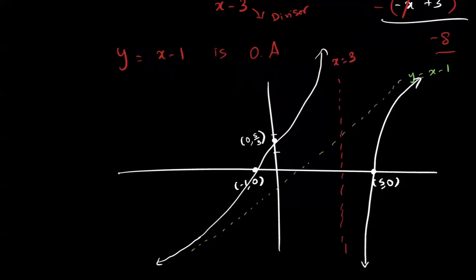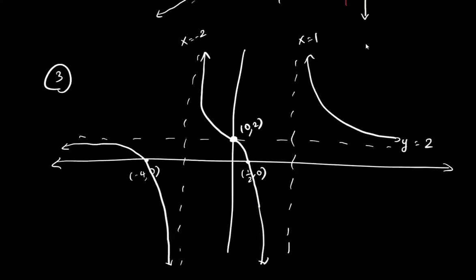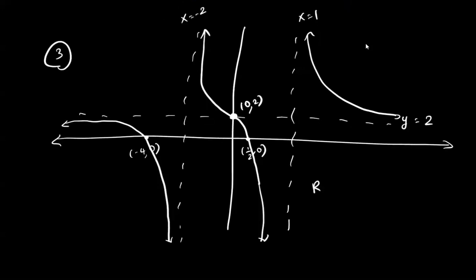Maybe I'll find an example. So let's say a graph like this is given to you and the question is asking, can you write a possible function for this graph? So this is how I would start. Let me come up with a rough idea and then we can fix it, all right?